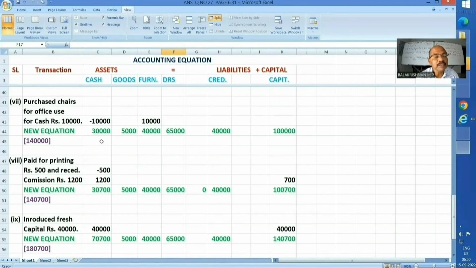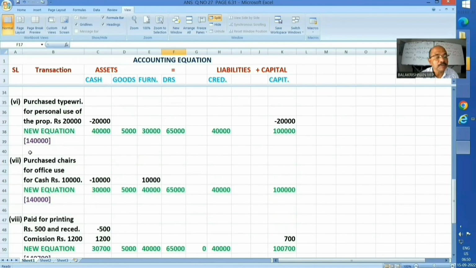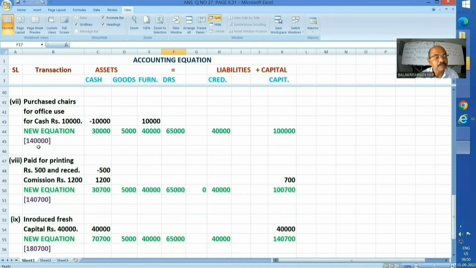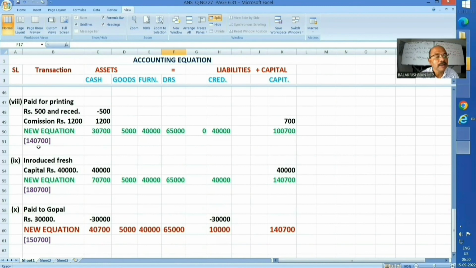So no change in the total asset value, nor any change in the liabilities plus capital. So the total assets are equivalent to liabilities plus capital, 1,40,000. Previously also it was 1,40,000. Okay. And now let us take up the eighth one.